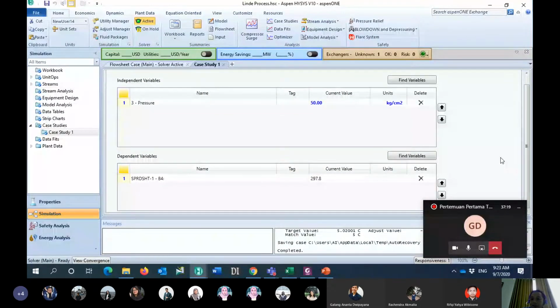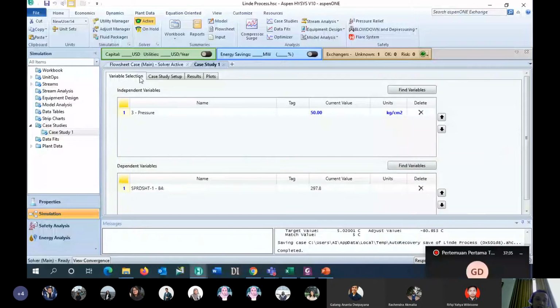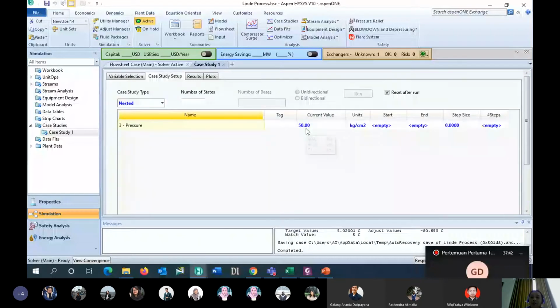So what I have to do after this, again, just wait a moment. I will go to the case study setup. In terms of pressure, I will start from the current, 50, for example, up to 100 kilo, and the step size, for example, is only 5.